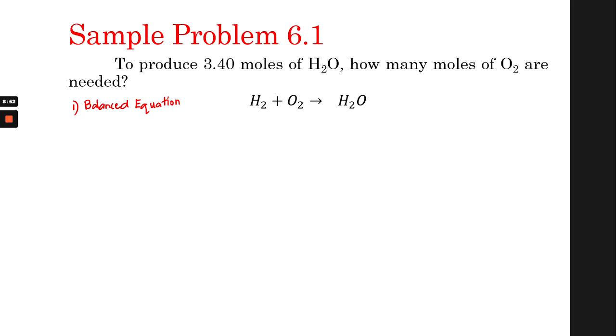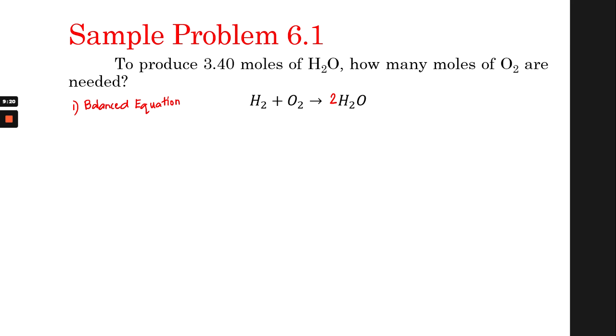We started with 2 hydrogen and 2 oxygen, but if we look at our product, we ended up having 2 hydrogen but only 1 oxygen. So it means we do not have a balanced chemical equation. In order for us to balance this, let's add a 2 here so that we have 2 oxygen, but this time we end up having 4 hydrogen.